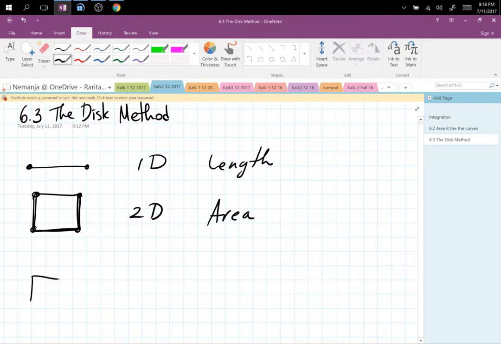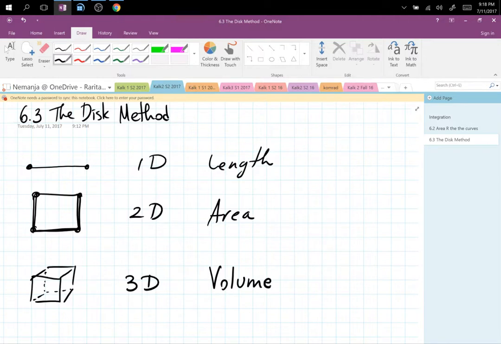And then you can have a cube, which is 3D, which has volume. Now, it also has a surface area, and the 2D area has the length of each side, so each next dimension assumes and uses all the previous ones.